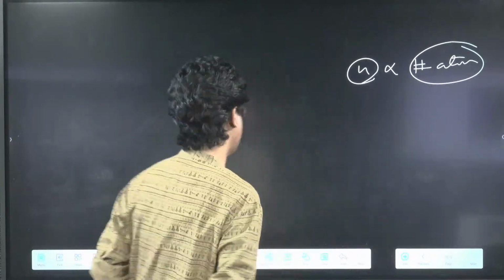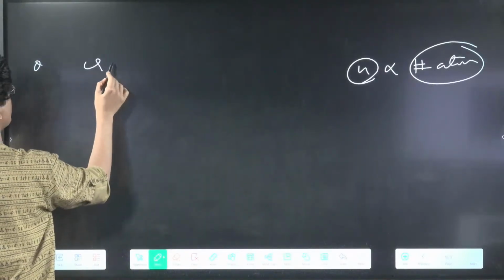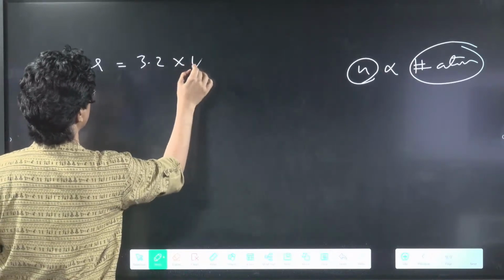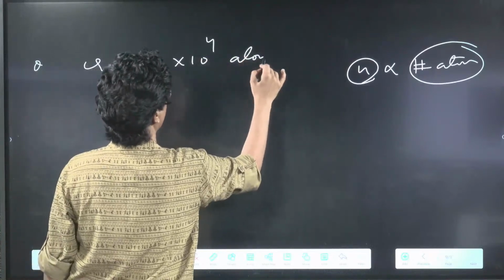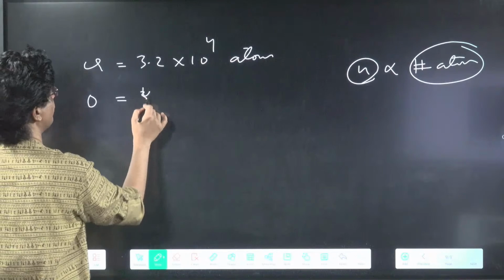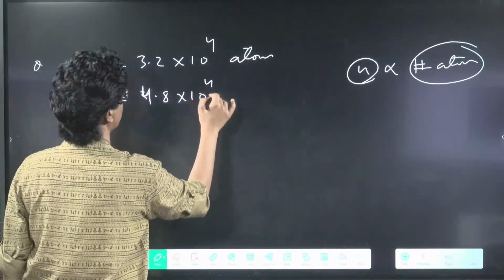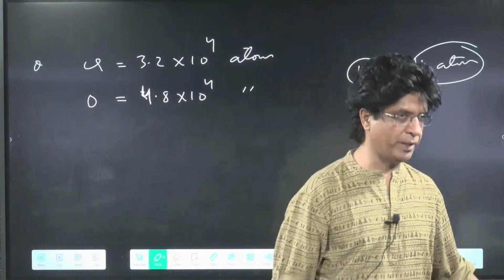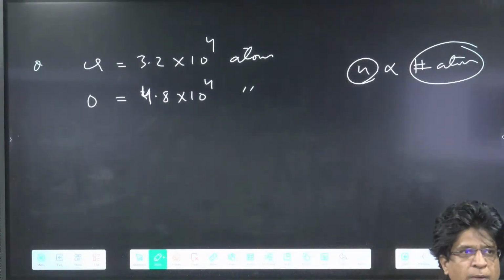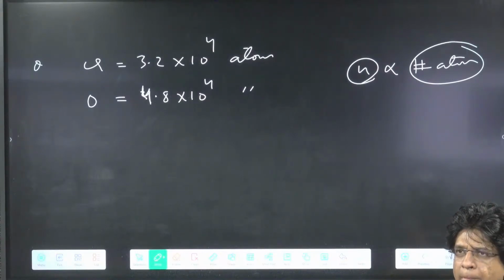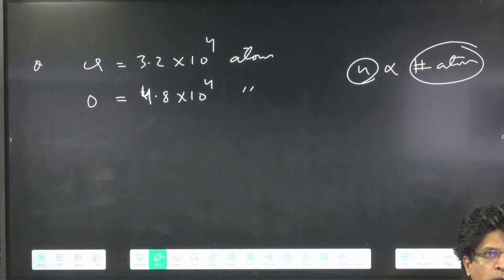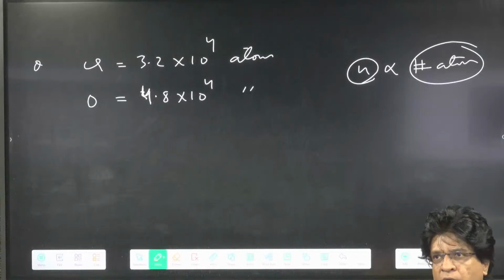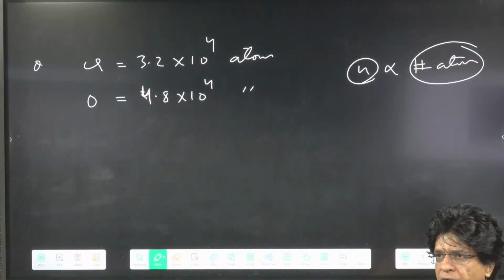So I'm giving you a question: in a molecule, in a compound, the number of chromium atoms is given as 3.2 into 10 to the power of 4 atoms of chromium, and 4.8 into 10 to the power of 4 atoms of oxygen. Find the empirical formula.